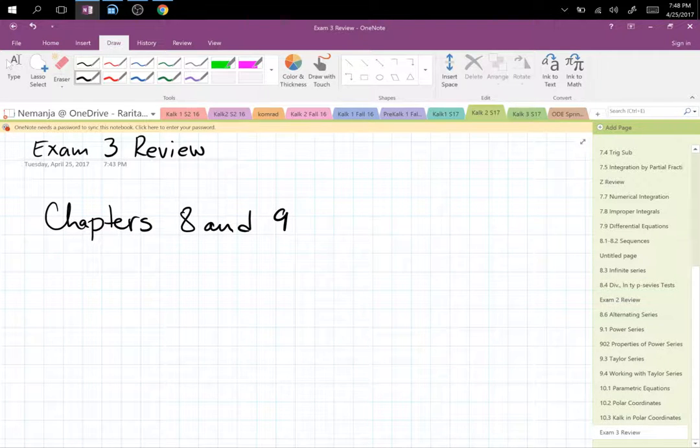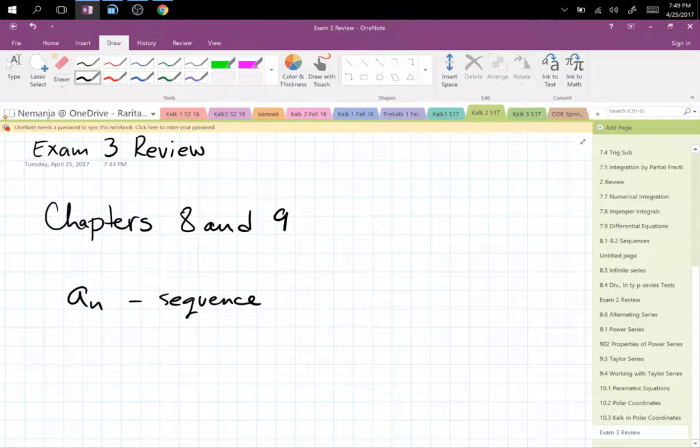Sequences, series, power series. We have a_n, which is a sequence, an ordered list of numbers, ordered through the set of natural numbers n, counting numbers. So 1, 2, 3, 4, you can start at 0. So 0, 1, 2, 3, 4, 5, and so on.